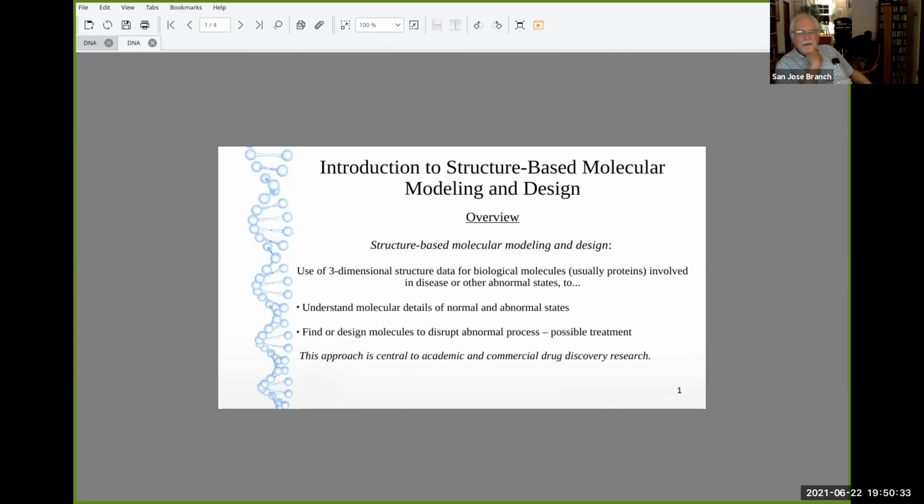So if there's some enzyme involved in an abnormal condition, maybe you can find something that's going to inhibit that enzyme, or with receptors, maybe you can find something that'll kick out the molecules that are causing the problem.